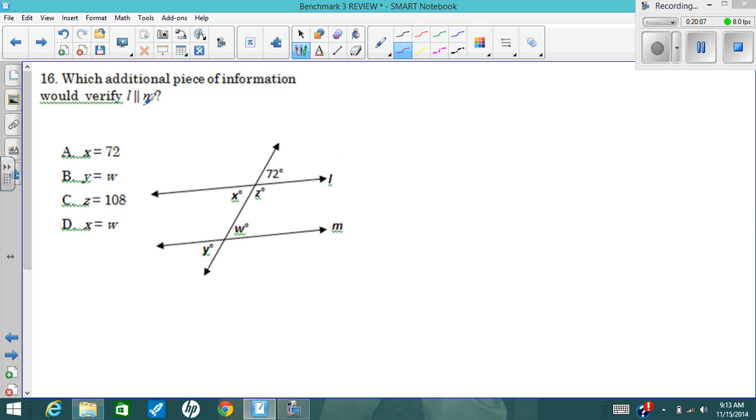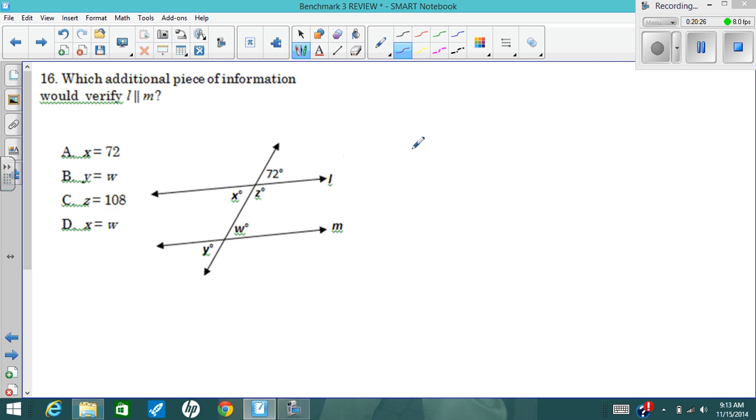So in order for lines to be parallel, we have to know something about the four special angle pairs. So the alternate interior angles, the alternate exterior angles, and I wrote these things wrong.